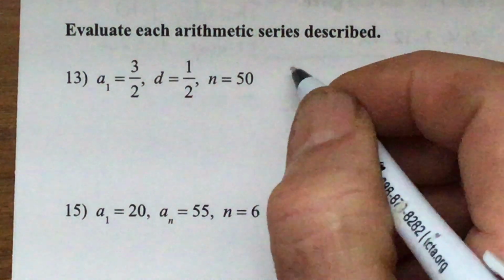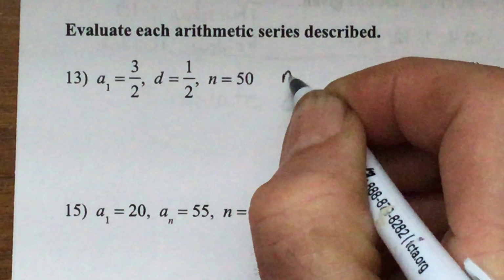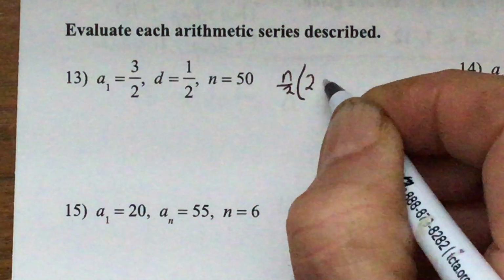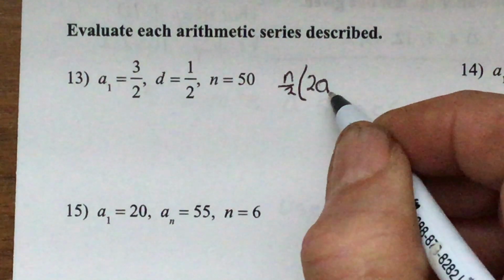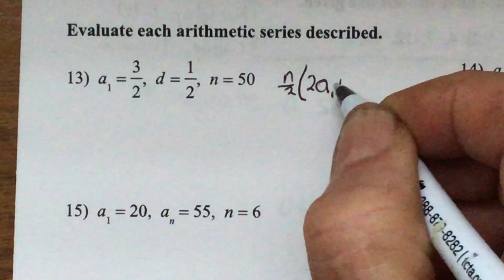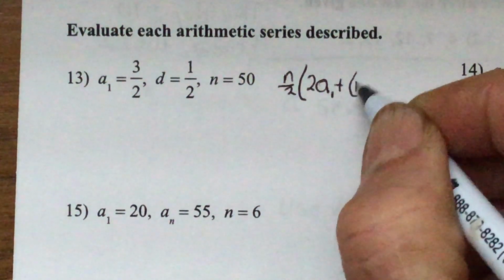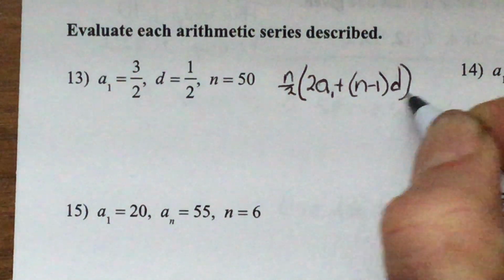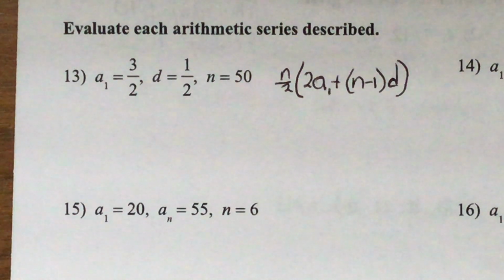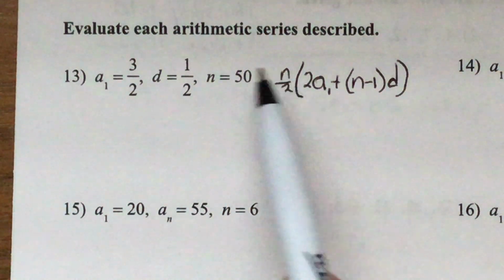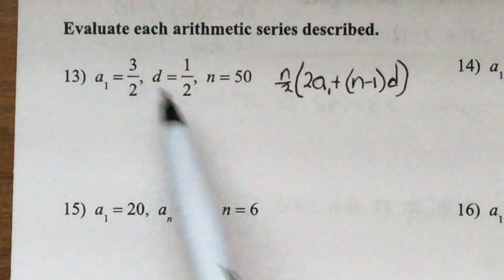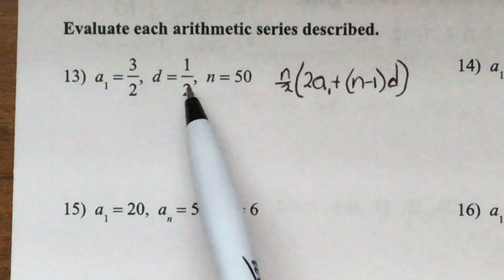For these, I believe you're going to need this formula: n/2 times (2 times a sub 1 plus (n minus 1) times d), where n is this number, a sub 1 is this number, and d is this number.